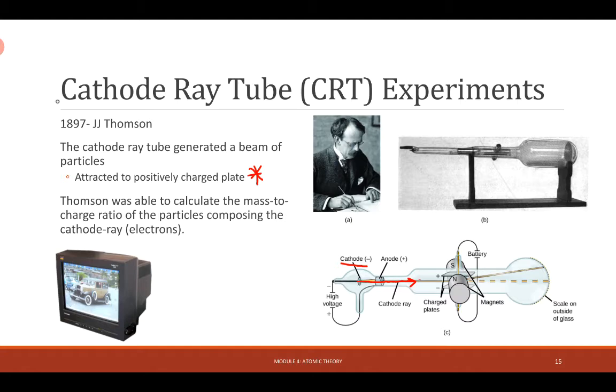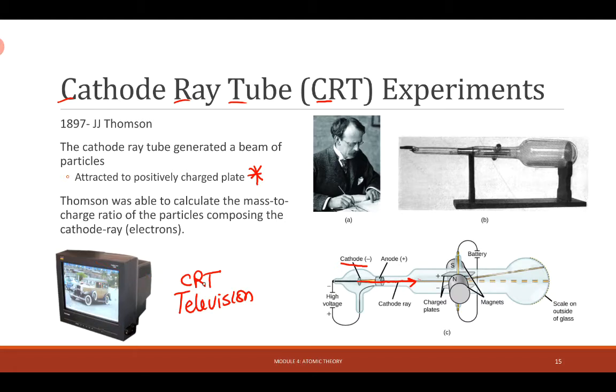Cathode ray tubes have lots of different applications, but CRT stands for cathode ray tube. If you've ever seen an older television, which is a CRT television, the reason why these are so deep is because there was a cathode and an anode back here shooting a beam of electrons towards the screen.